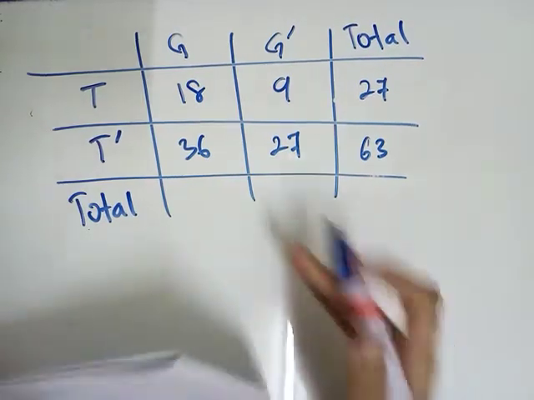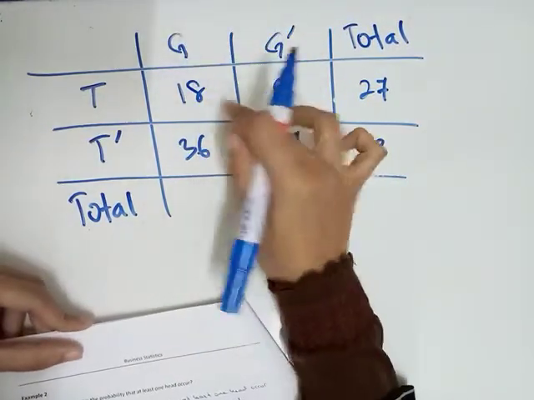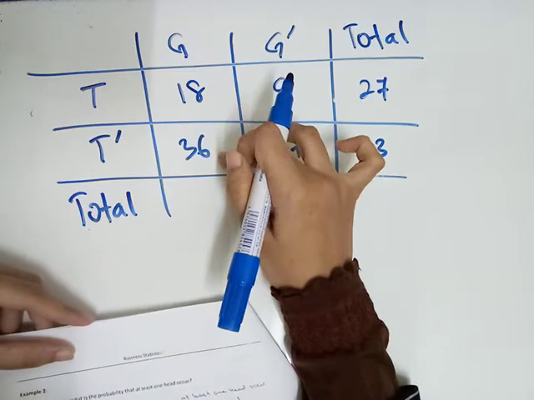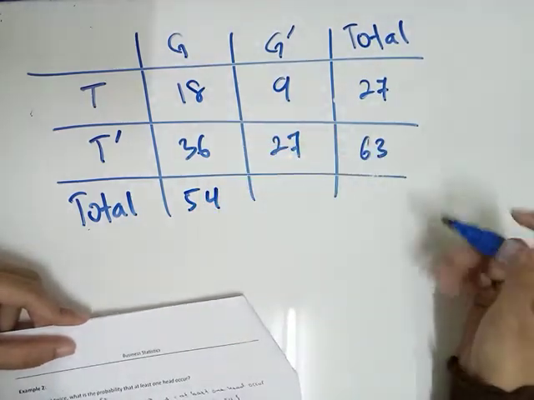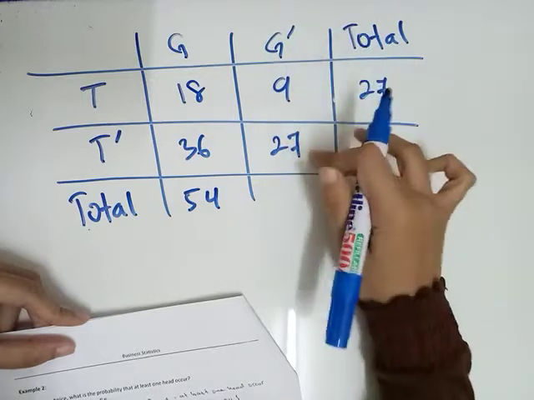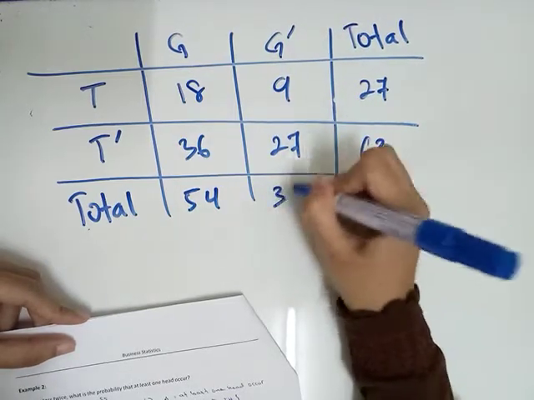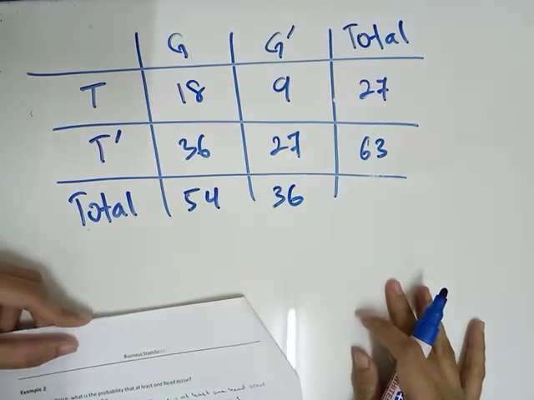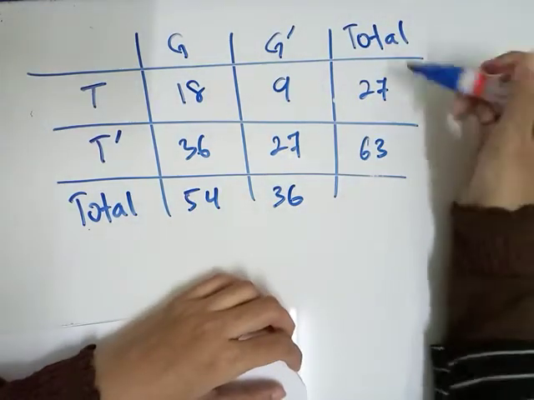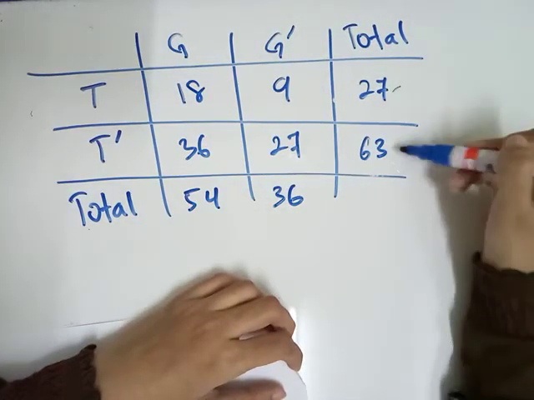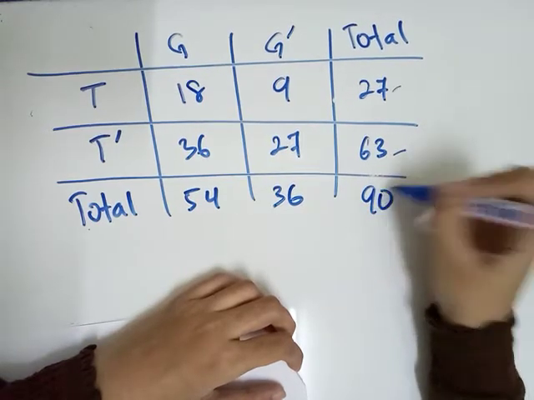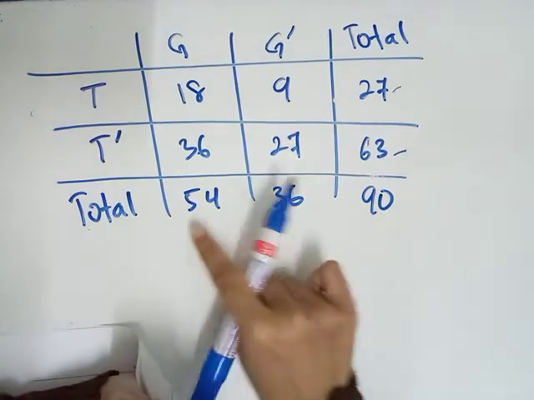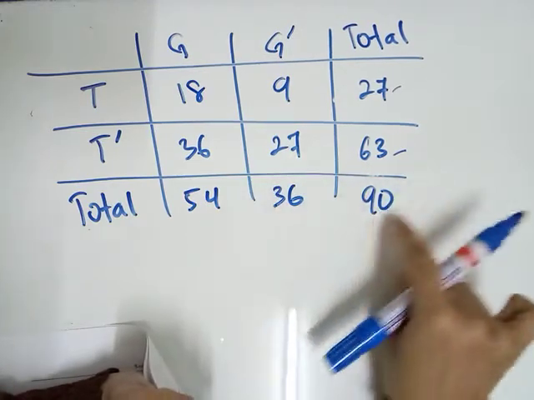Then total up for the first column, 18 plus 36, we get 54. Second column, 9 plus 27, we get 36. Lepas dah total up, barulah boleh total up 27 plus 63, we get 90. 54 plus 36, we get 90.